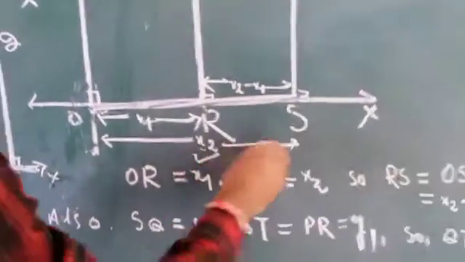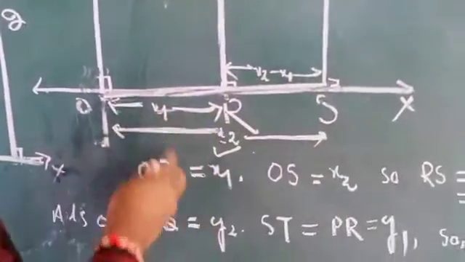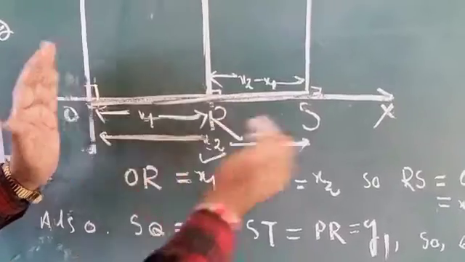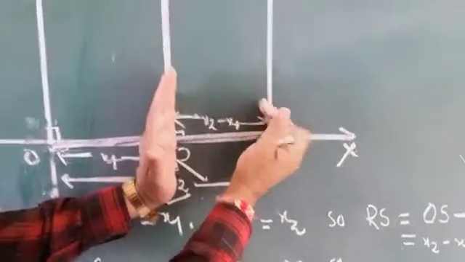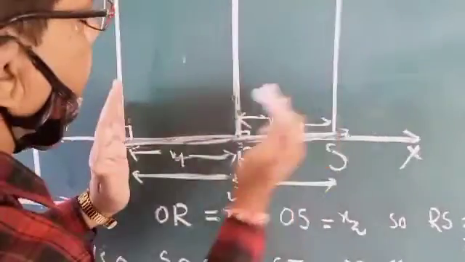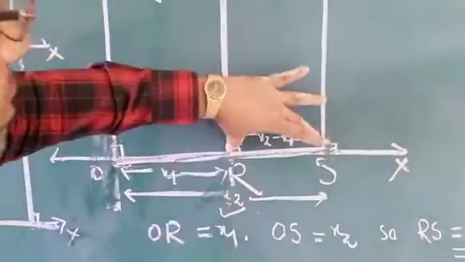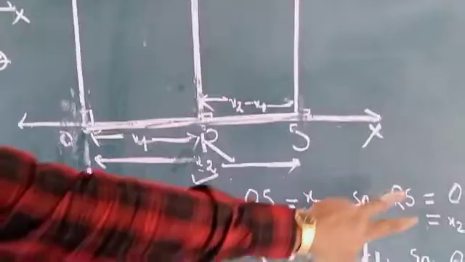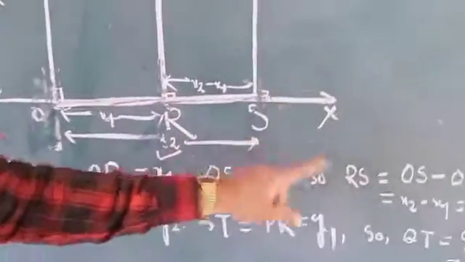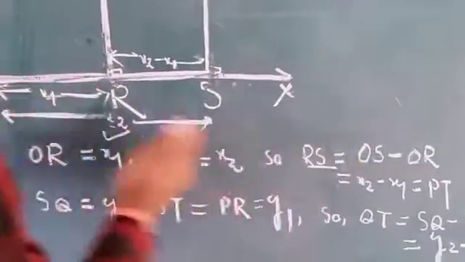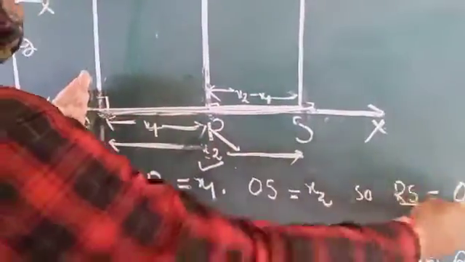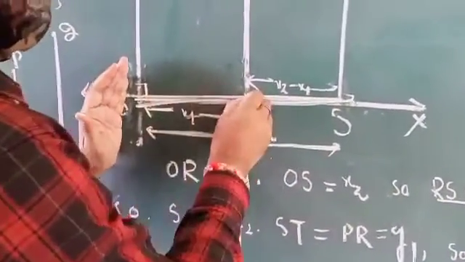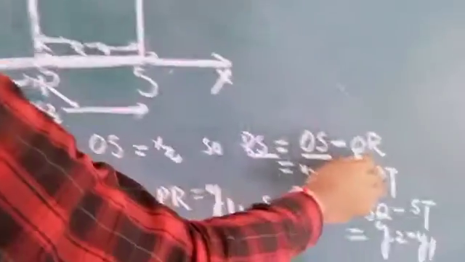OR is x1, OS is x2. So what will be RS? This total OS minus OR will become RS.